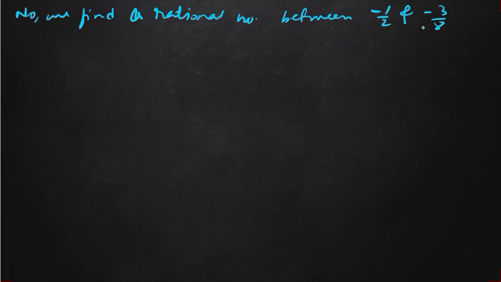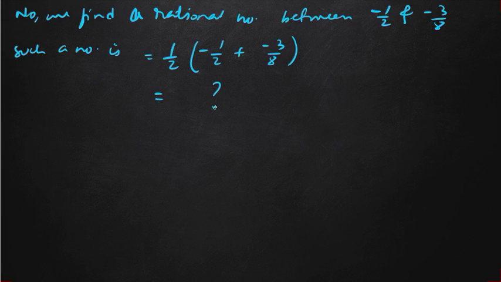Such a number is half of minus 1 by 2 plus minus 3 by 8. So similarly you need to calculate this, and afterward you have to further calculate it. You can take the help of example number 2 and complete it.